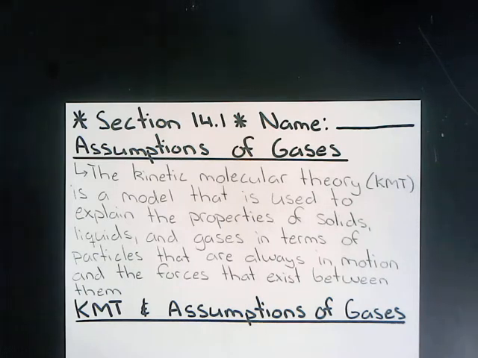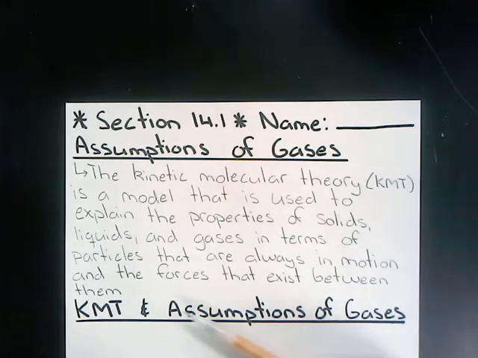So remember in chapter 13, we discussed those intermolecular forces, which were those dispersion forces, the dipole-dipole forces, and the hydrogen bonding. Those forces are what interact one particle to another, and the kinetic molecular theory helps explain what those forces do in terms of our particles involved in a liquid, solid, or gas.